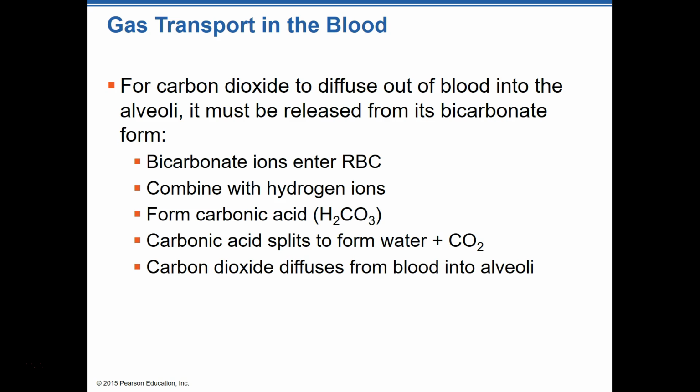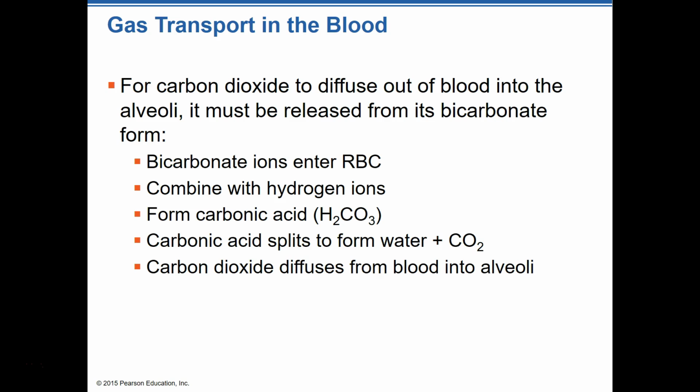As it gets up towards the lungs and into the tissue around the lungs, that tissue is very, very low in CO2. So the carbonic acid is going to break down, release the CO2 and the water, and the CO2 is going to escape to the lungs, and that's how all that is regulated.